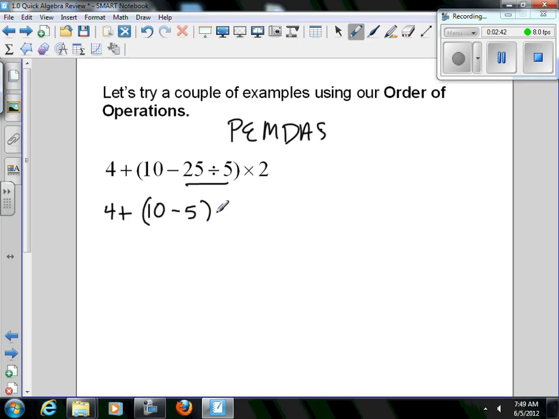And we'll rewrite everything else. We're still in the parentheses, so we're going to say 10 minus 5, which is 5. Now we've gotten rid of our parentheses, so we have 4 plus 5 times 2. Multiplication comes before addition, so we say 5 times 2, which is 10, and we're just left with 4 plus 10, which gives us 14.